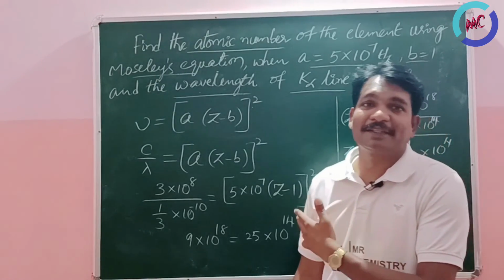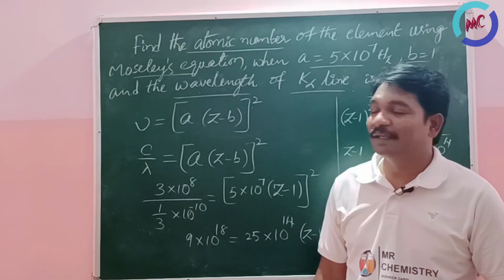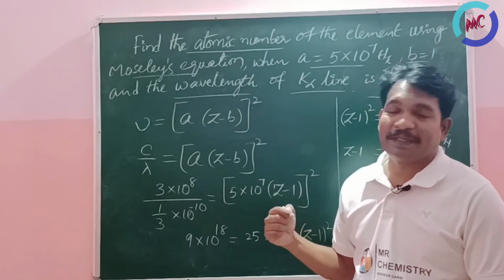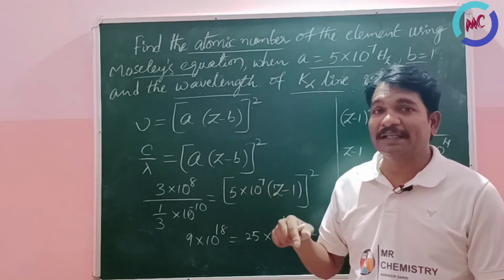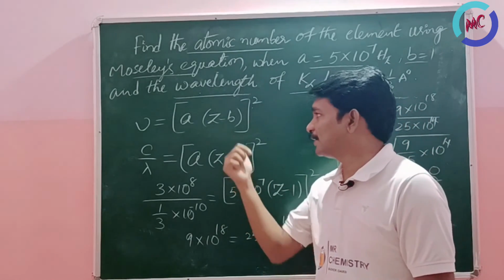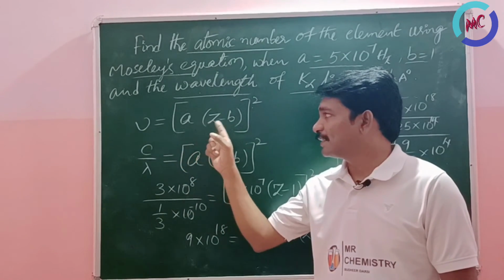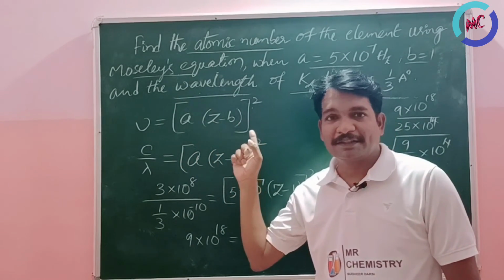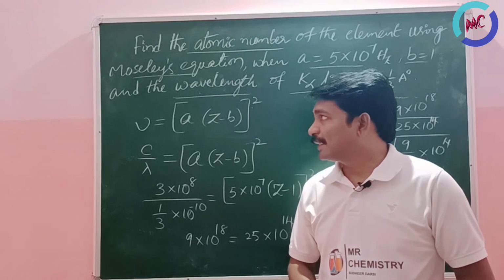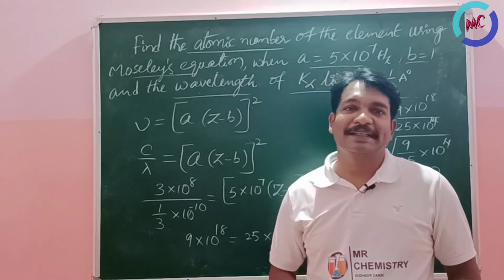Just now we learned the relationship between frequency and atomic number, how we calculated wavelength using atomic number, and how we calculated atomic number using wavelength. These are all possible using Moseley's equation, that is nu is equal to A times (Z minus B) whole square. Don't neglect Moseley's equation. It is very important for JEE and also NEET.